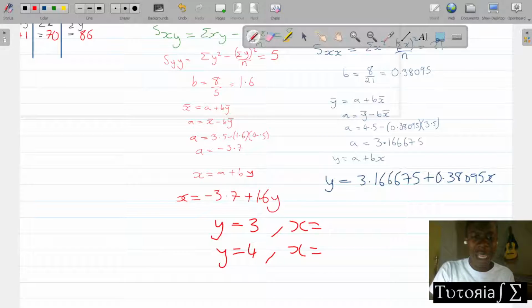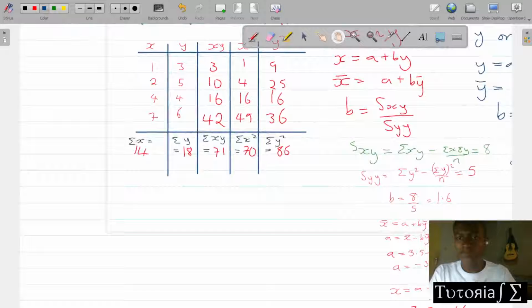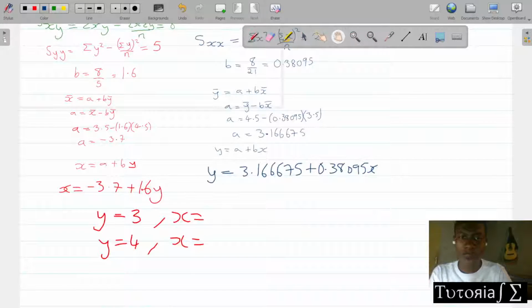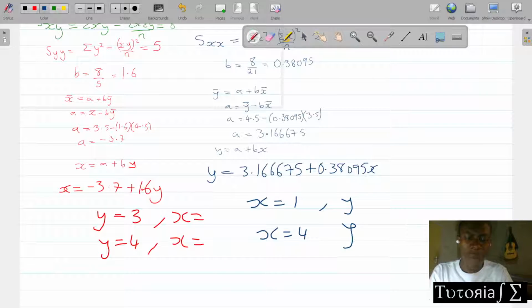And here, where y is dependent on x, we pick values of x. We're going to pick two values of x, which can be 1 and 4. So when x is 1 and when x is 4, you need to find the values of y.